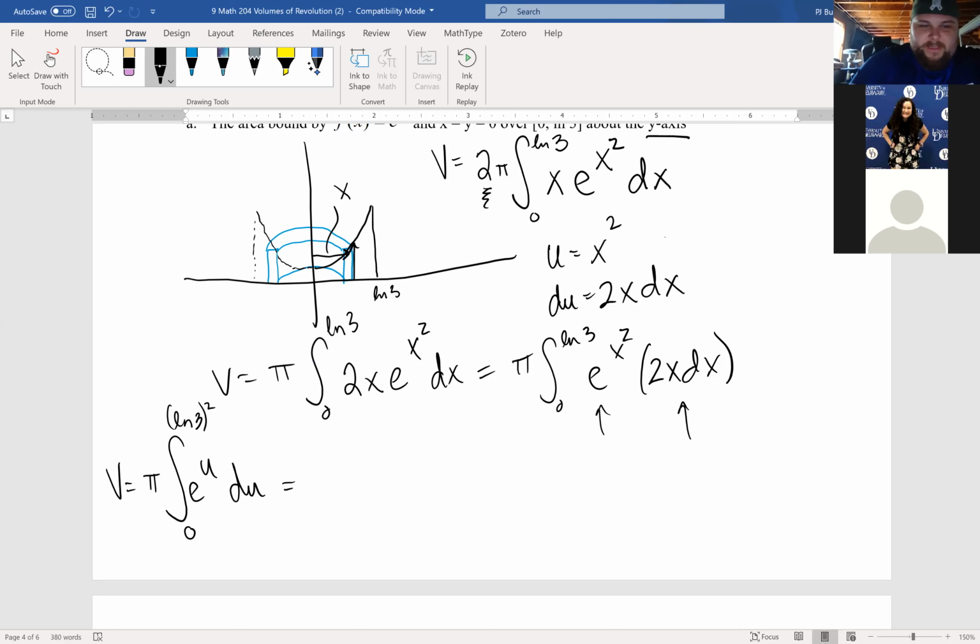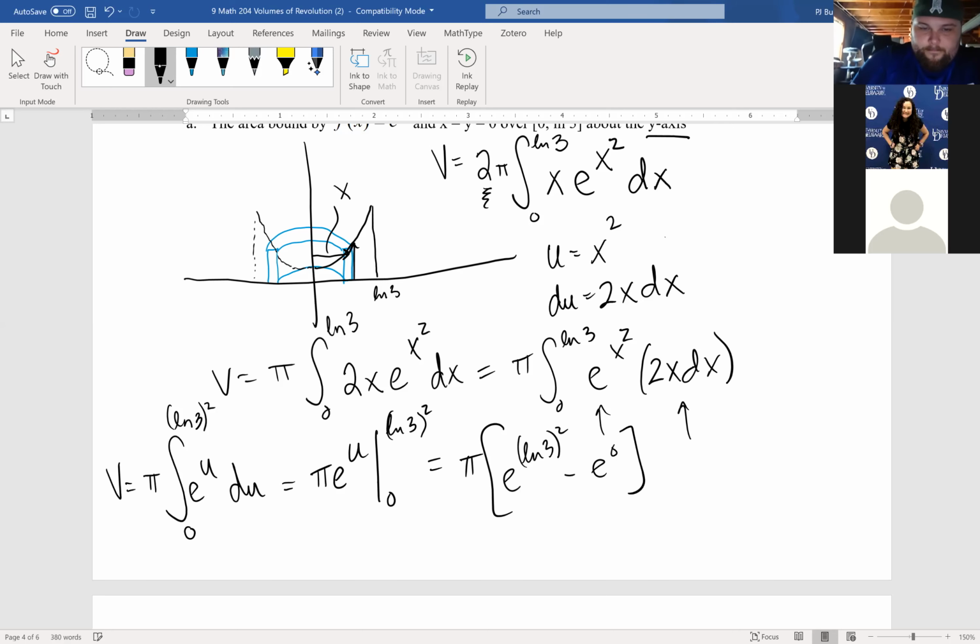Integral e to the u is just e to the u. And just simplifying, should be that.